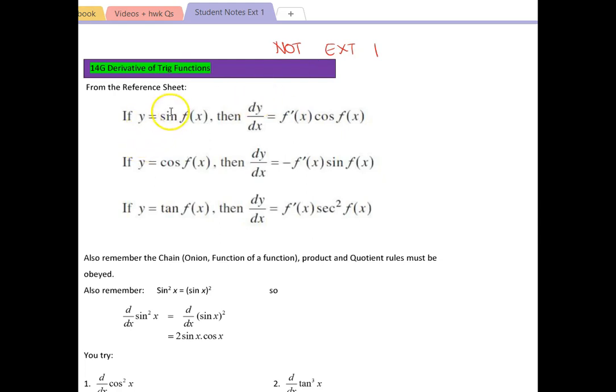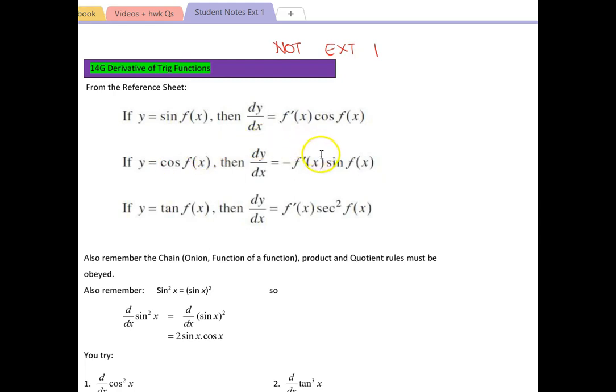while they appear on the reference sheet, for example, if y is the sine of a function of x, then dy/dx is basically cos of x, and if this is some little function in x, then we must differentiate that function. We've seen that concept before. But basically, knowing that the derivative of sine is cos. Derivative of sine is cos.